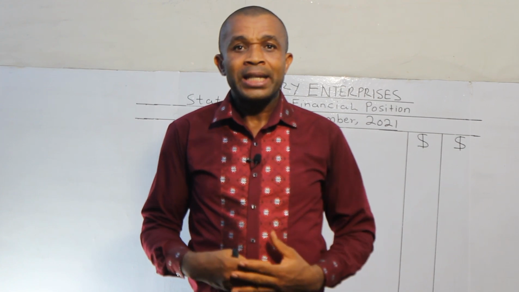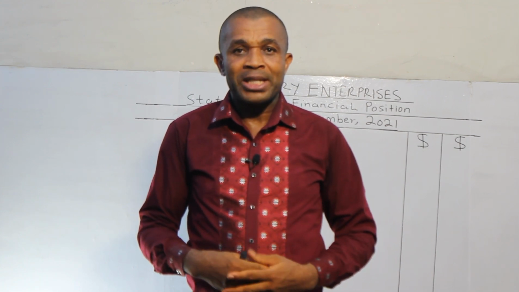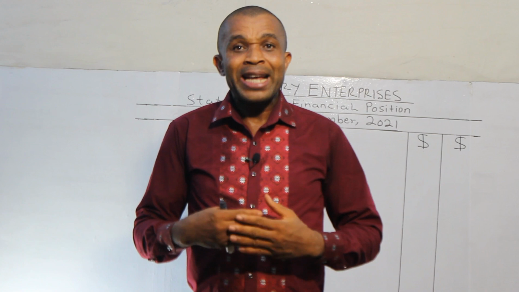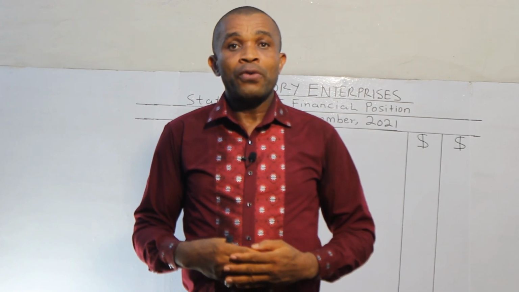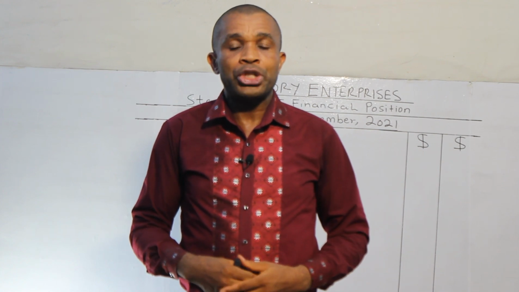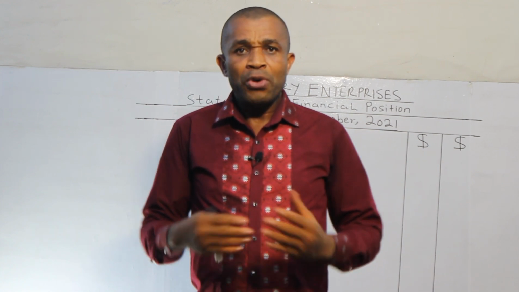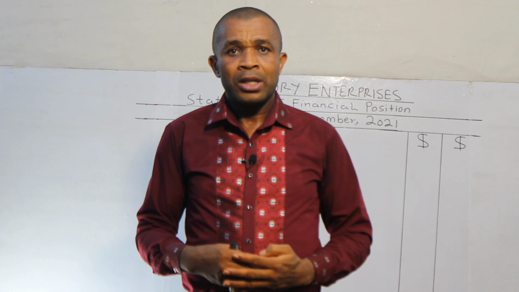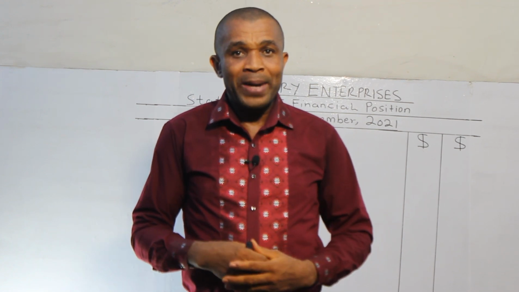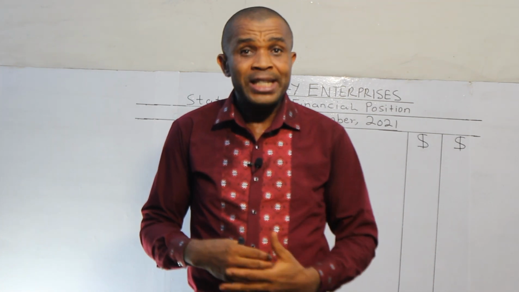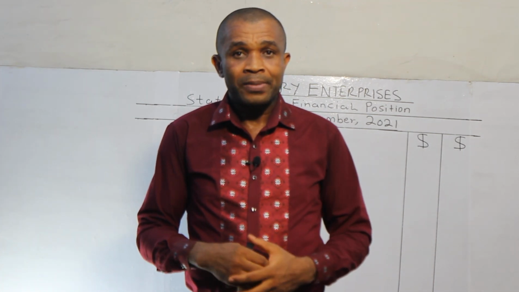If you are to walk into a business premises and you are expected to prepare for them a statement of their financial position, if you look around the environment, the first thing you take into consideration is their properties, because those are the physical things you are seeing.